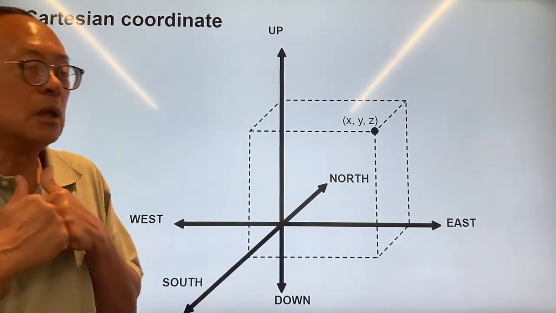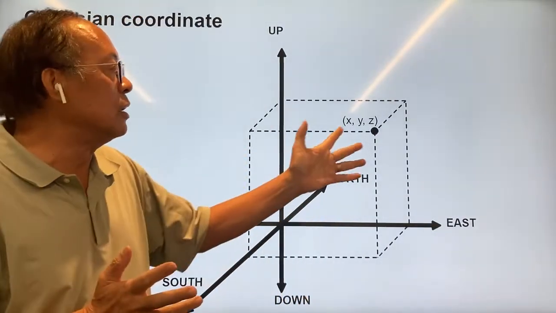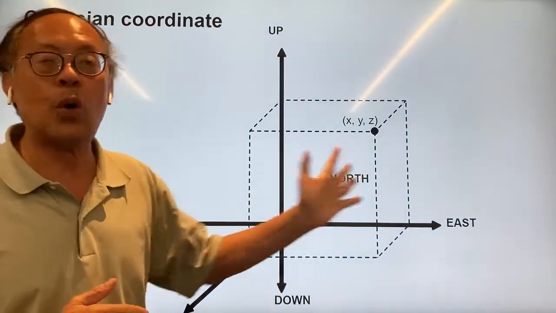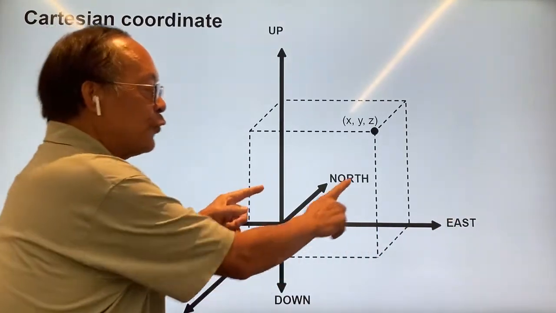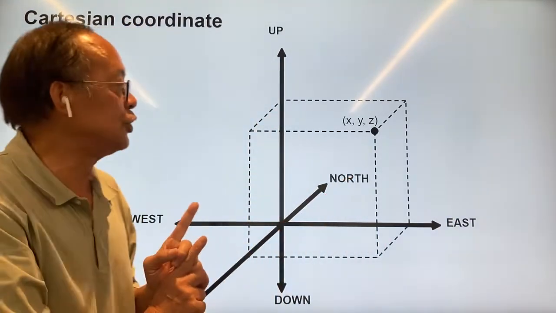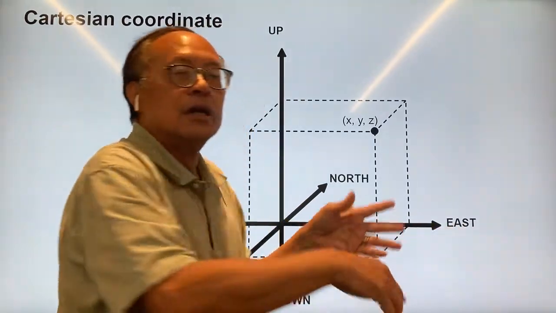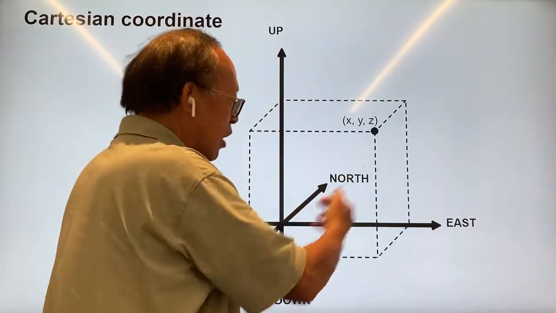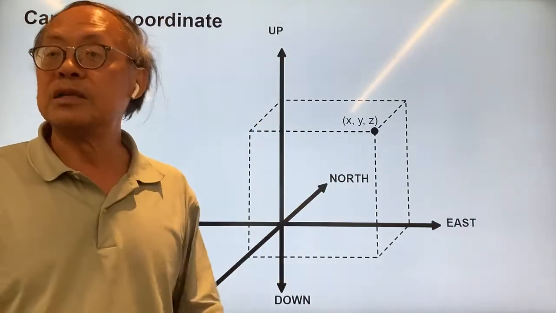So since the Middle Ages, we have Descartes formulating the Cartesian coordinate in terms of these 3-dimension directions. So you can represent east as the x coordinate, the north, the south as the y coordinate, and the up and down as the z coordinate.